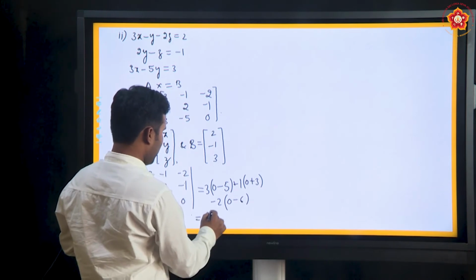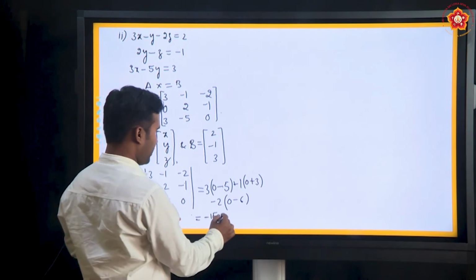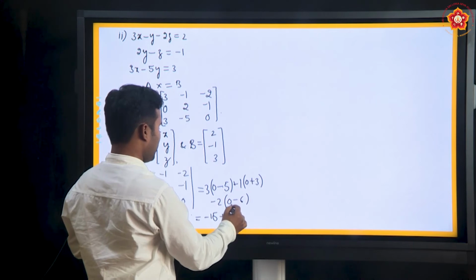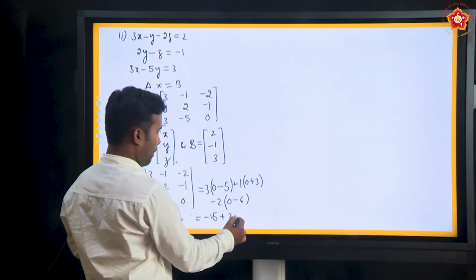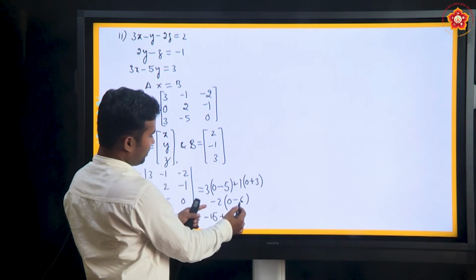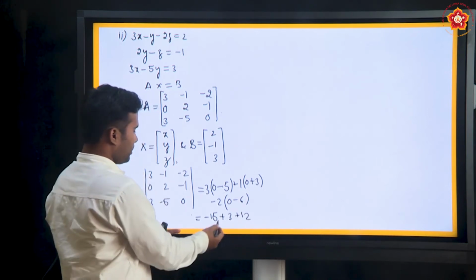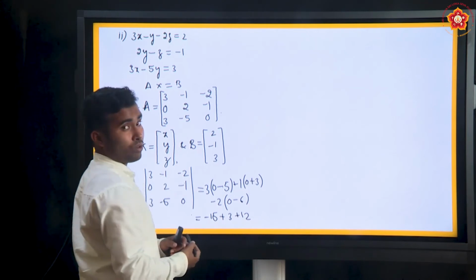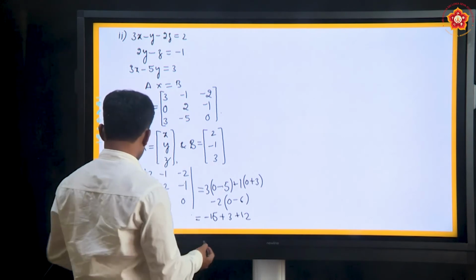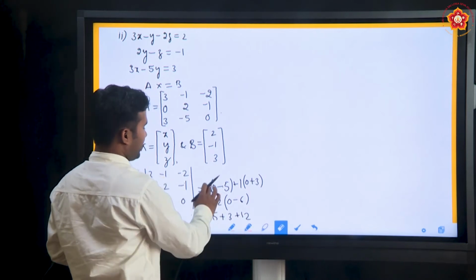The answer is minus 15, minus 5 into 3 is minus 15, 0 plus 3 is 3, 3 into 1 is 3, and here, plus minus 6, minus 6 into minus 2 is plus 12. Okay. See here, plus 3 plus 12 is 15, 15 minus 15 is 0. The determinant of matrix A is 0.